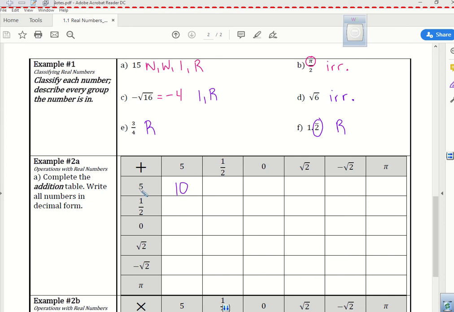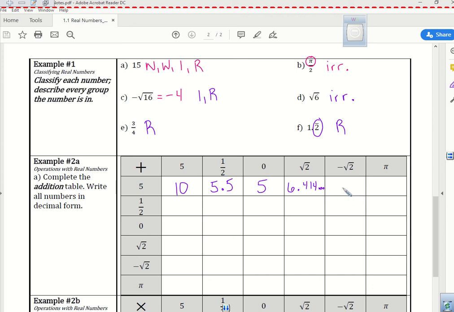Okay. 5 plus 1/2 is 5.5. 5 plus 0 is 5. 5 plus square root 2. This is something that you need to type into your calculator. 5 plus square root 2 is 6.414. That keeps going.